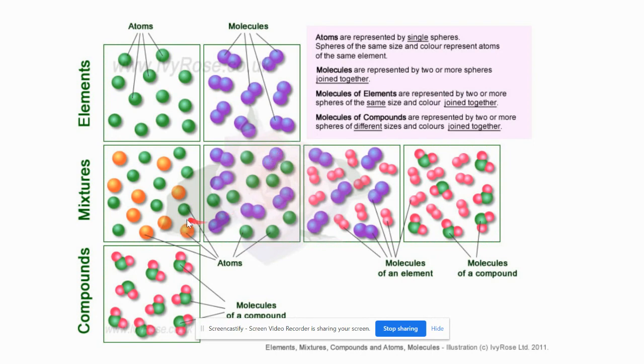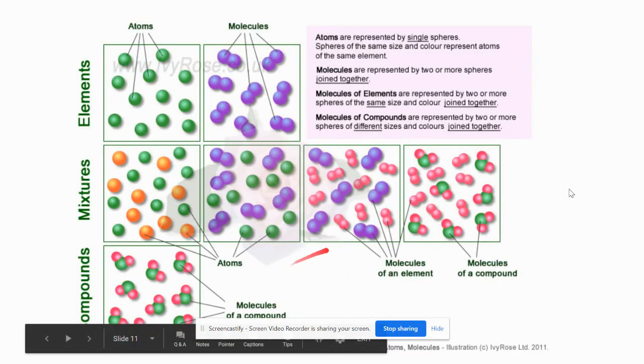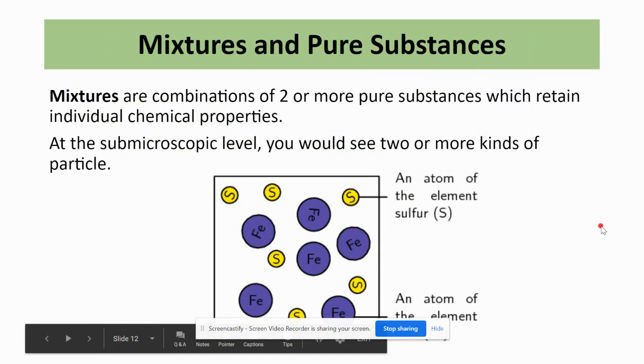Okay, so these are a mixture of 2 types of elements. And this is a mixture of elements, but both elements are in the form of molecules. This is a mixture of element and compounds. Okay. And this one here, this is just compounds. Okay, it is not a mixture.